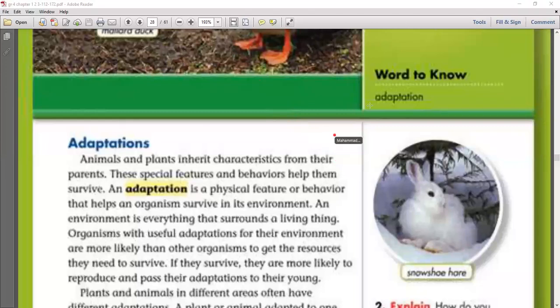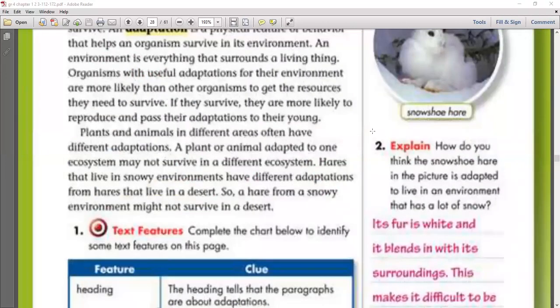It's a snowy color, a fur color that makes it almost invisible in its environment, so that the predator can't see it. So it protects this animal from the predator.